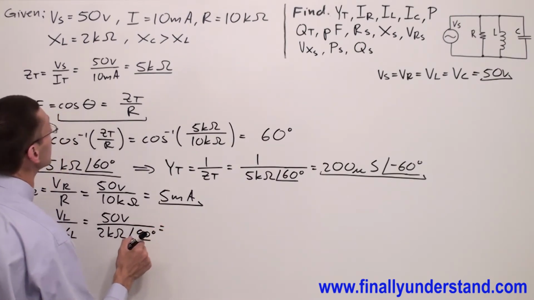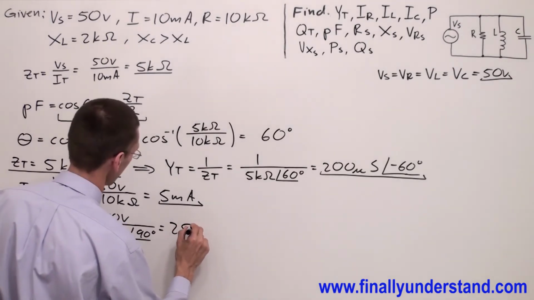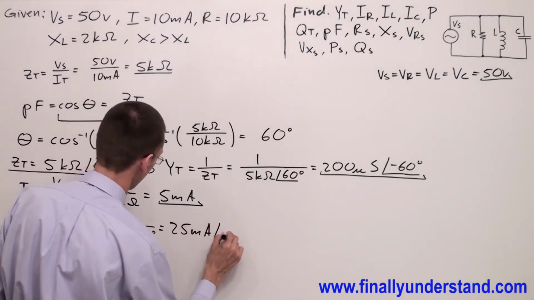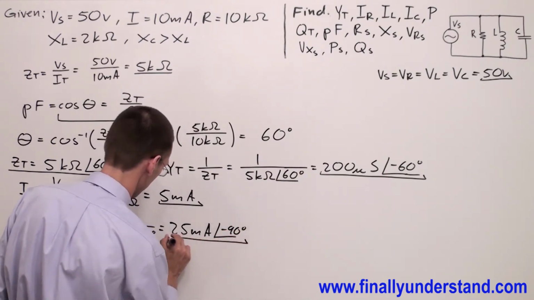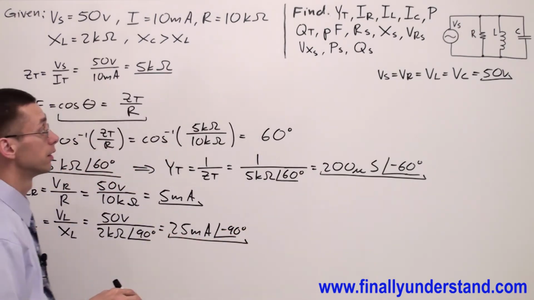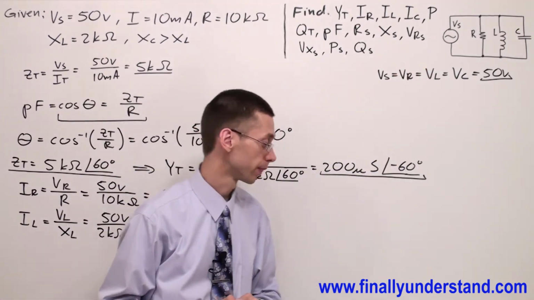This is equal 25 milliamps and angle of negative 90 degrees. Okay, so this is the current which will go through the inductor.